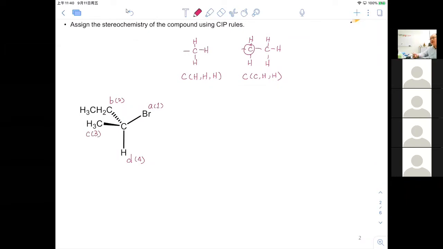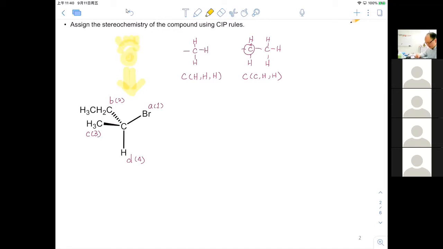Okay, then which direction should you look from to assign the order of these substituents, to assign the CIP specification of this chiral molecule? You should put the H on the back, then look at it from this direction with your eyes here.